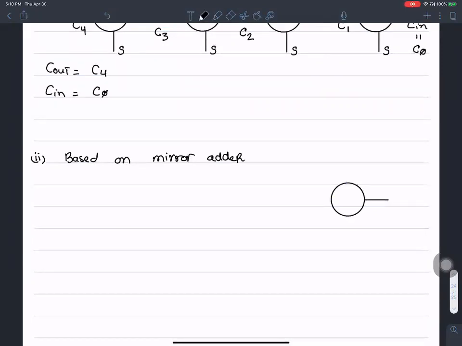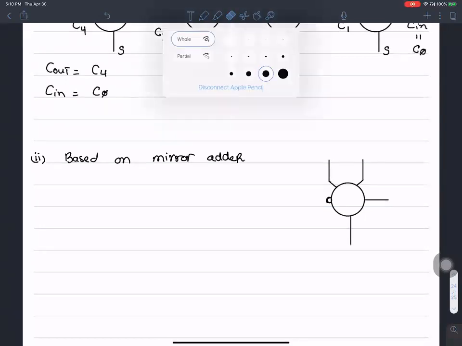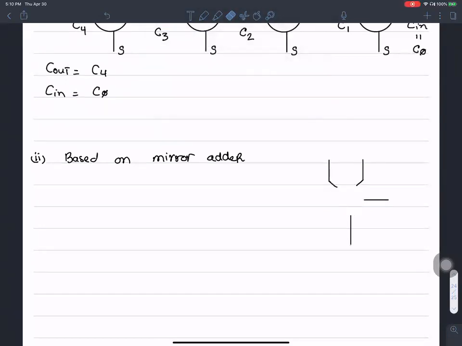This still has 3 inputs and 1 output that appear like so.